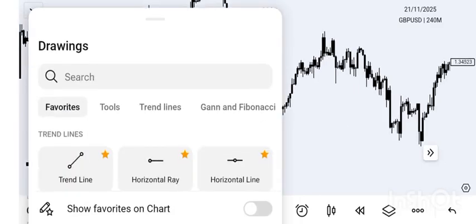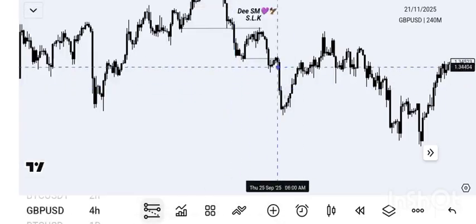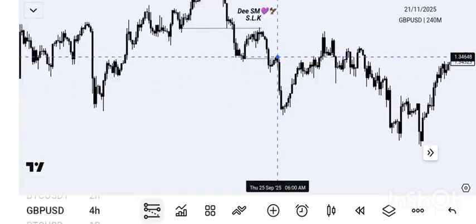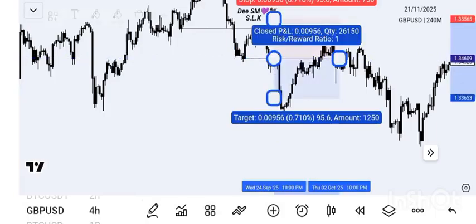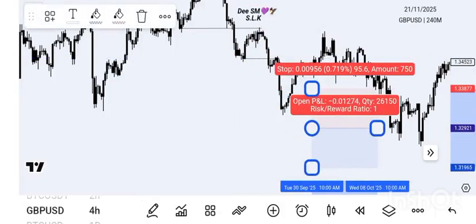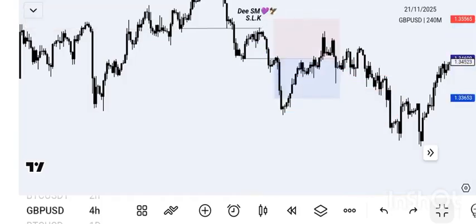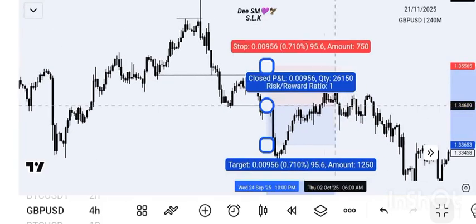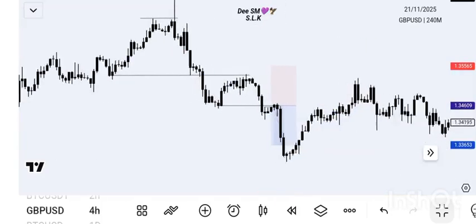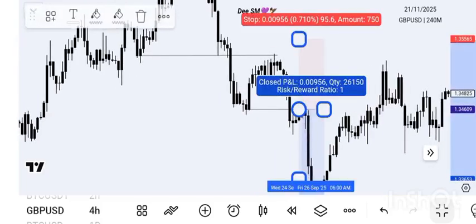And where should your target be? Because this is a second entry, we can't be putting our target like the first one, because we are coming from a lower time frame now, not taking the trade from a higher time frame.